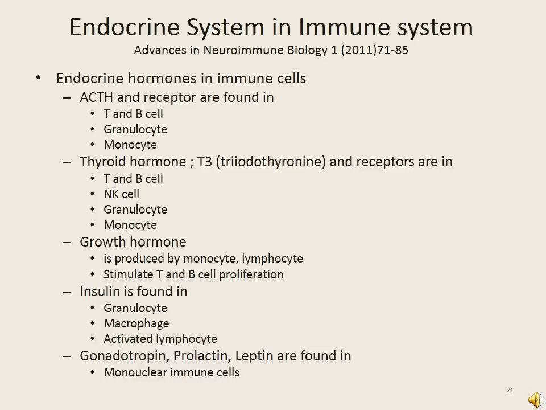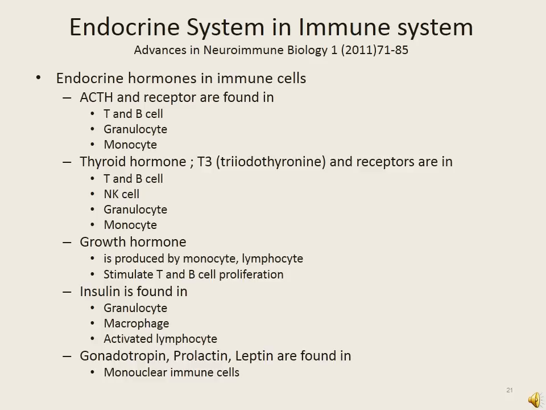Natural killer cells have this characteristic as well. For the growth hormone, the mononuclear immune cells, that is lymphocytes and monocytes, can produce this, and growth hormone is needed for both T and B cell proliferation.